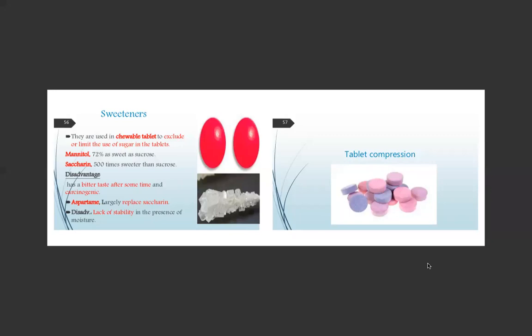Then write the definition of those excipients, then write the examples, and write a few advantages and disadvantages. If in a sub-question they have asked for a specific formulation, then you can choose specific excipients according to the question asked.